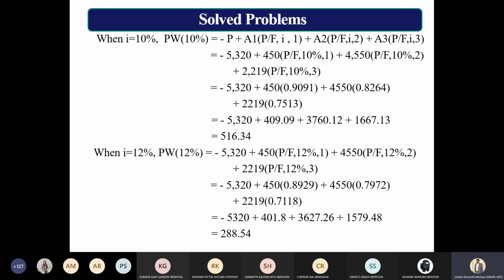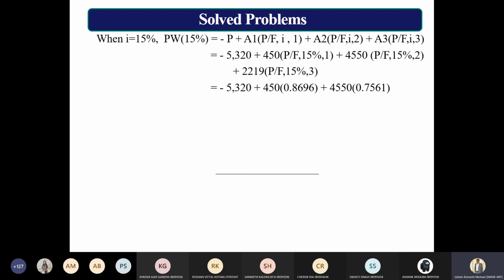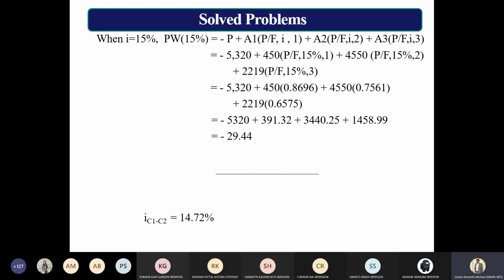So this can be your stopping point also to say that alternative C1 is better than alternative C2. Okay. So moving further with the same question, we are trying to find what is the IRR for this. So straight away we go to 15% and check, and we get a negative value at 15%.